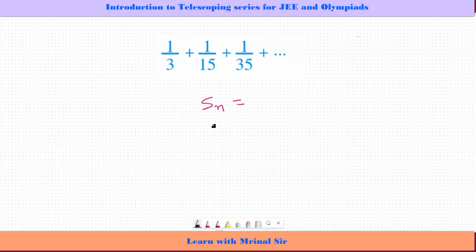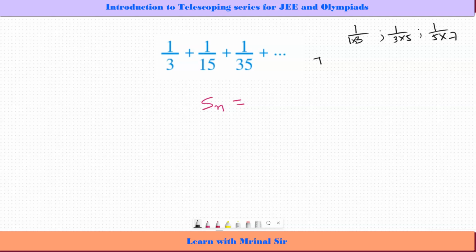What is the nth term here? You see the behavior of these terms. It is 1 into 3, the first term. The second term is 1 by 3 into 5, and it is 1 by 5 into 7.